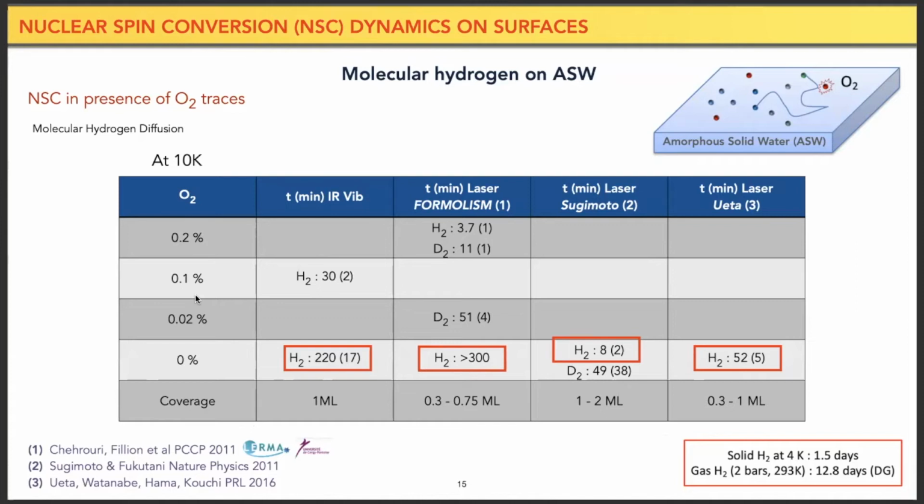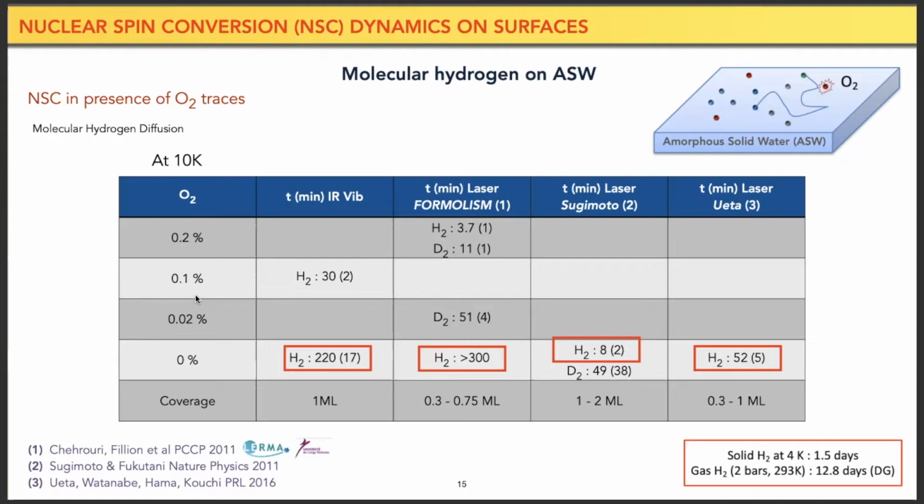With SPICES, we found a characteristic time of conversion of 220 minutes, and with FORMALISM, a characteristic time of about 300 minutes. But our Japanese colleagues found much lower conversion times: 8 minutes for Sugimoto and 52 minutes for Ueda.